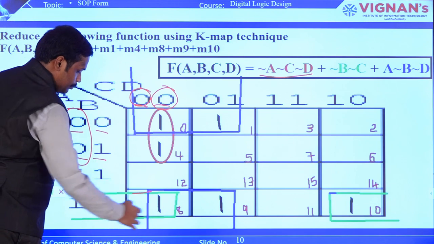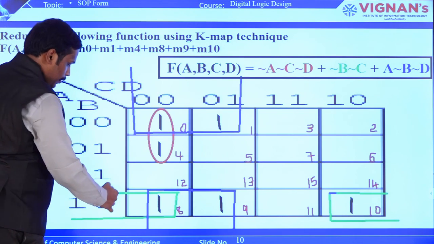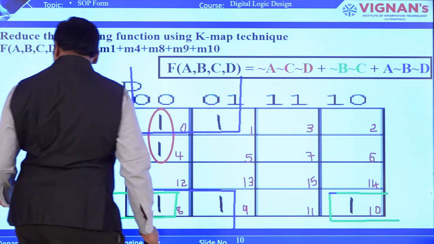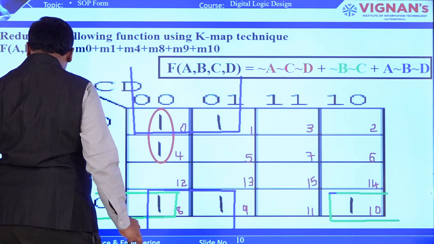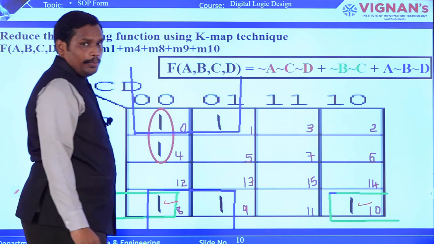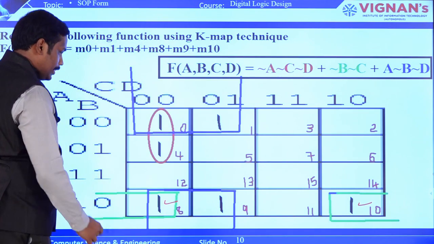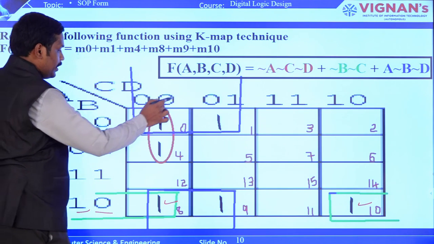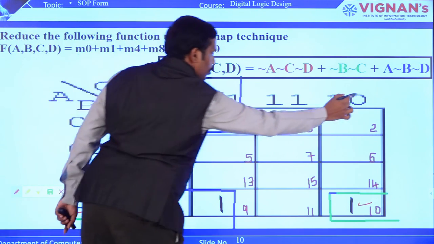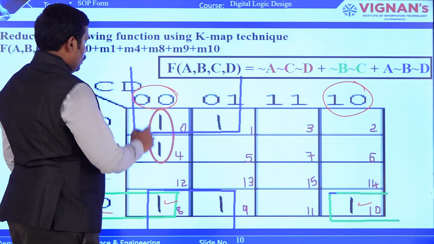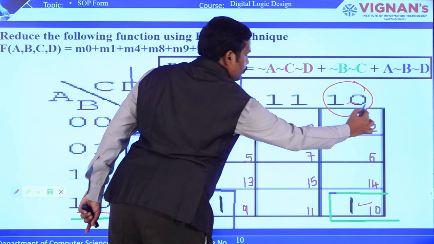Now this pair we'll see, okay? This pair we'll see, the green pair, right? So for the green pair, you can see this one. We are comparing the extreme end ones into a group, and for that particular group you can see that A, B bar is common, but when you compare these two, which are the column ones, you can see that D bar is common, right?